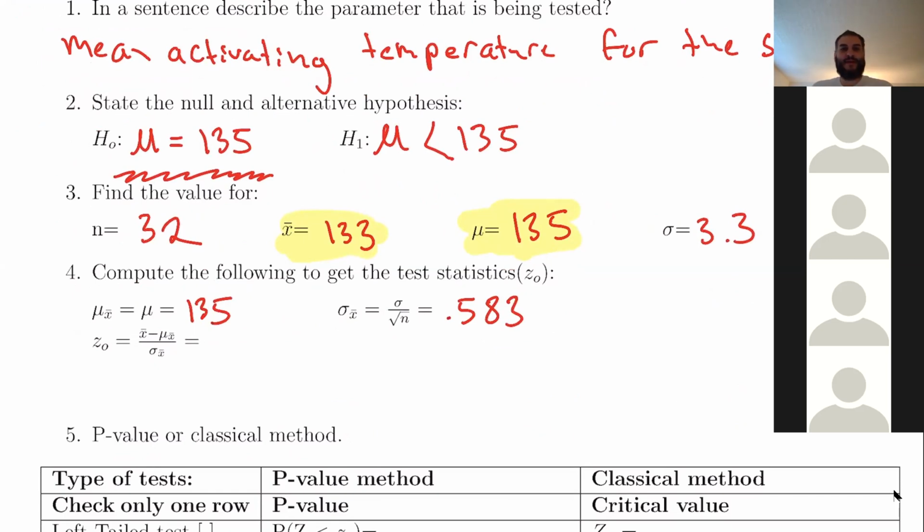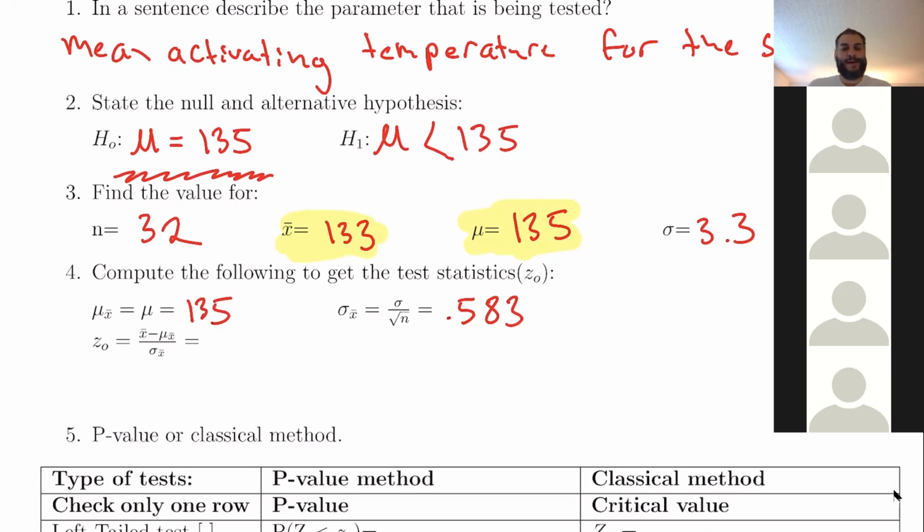Just remember, the sigma of X bar is the standard deviation that we should expect for a sample of 32. This is not the standard deviation that we should expect for a sample of like 1. This is purely for 32. So if we randomly selected 32 sprinkler systems, this is the standard deviation we should expect.